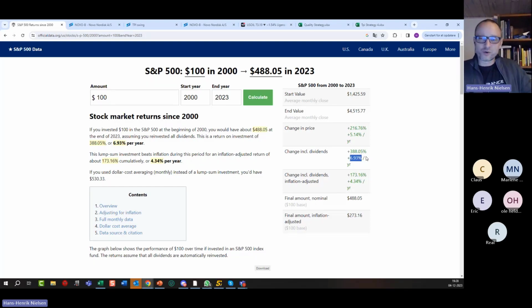Another thing, and we're not talking too much about that today, but including the dividends and adjusting for inflation tells us that the S&P 500 in the last 23 years only went up by 4.3%. But 7%, that is what we actually get, and then there will also always be some sort of inflation. All right. So 7%, that is the number that we should have a look at.